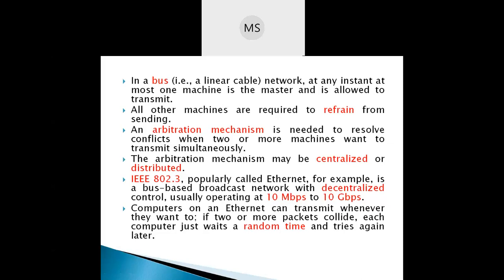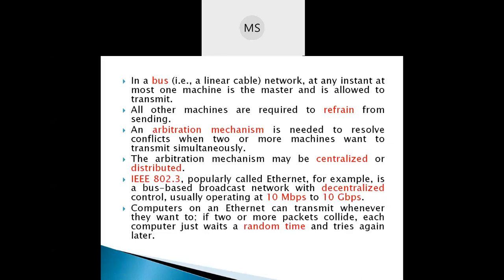Ethernet is one example of a LAN, and in that, a decentralized arbitration mechanism is used, usually operating at a speed of 10 Mbps to 100 Gbps. Computers on the network can transmit whenever they want to. If two or more packets collide with each other, the computer just waits a random amount of time and tries again.